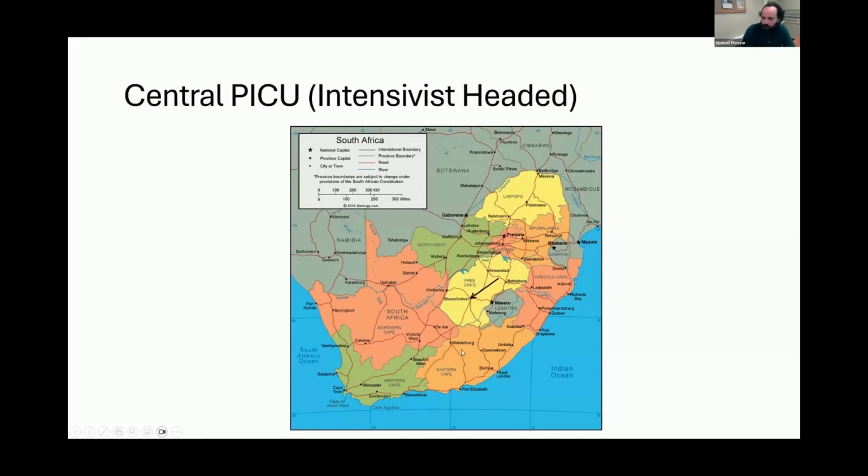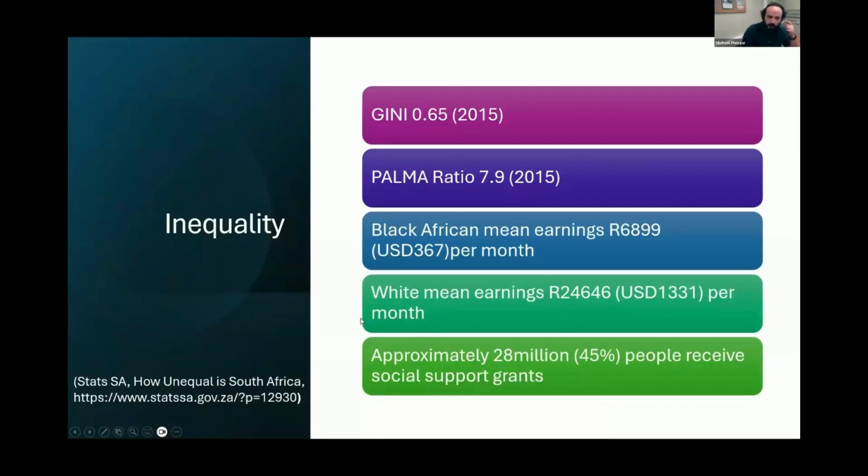And in terms of ICUs with intensivist cover, it's really just the Bloemfontein service, which is 10 general ICU beds and 3 to 4 cardiothoracic ICU beds, and everything drains at a tertiary level through to Bloemfontein in the center.